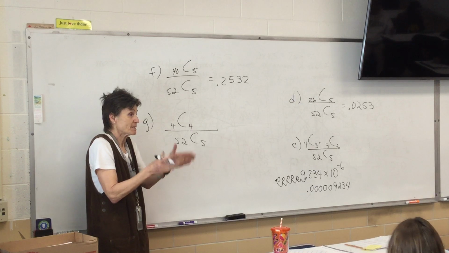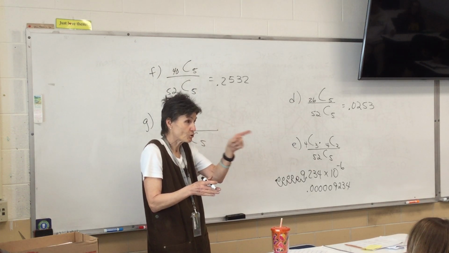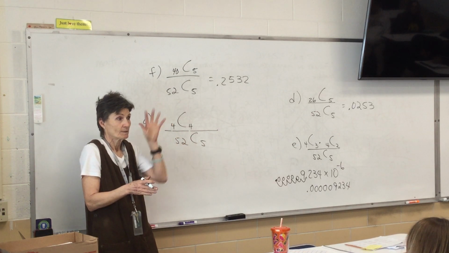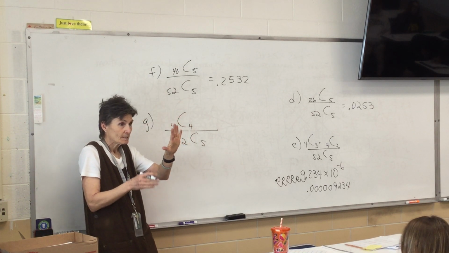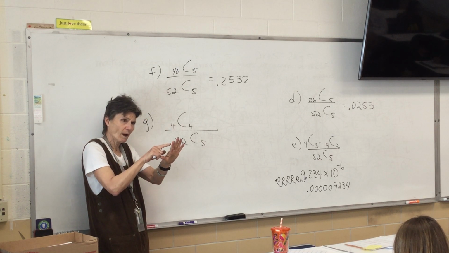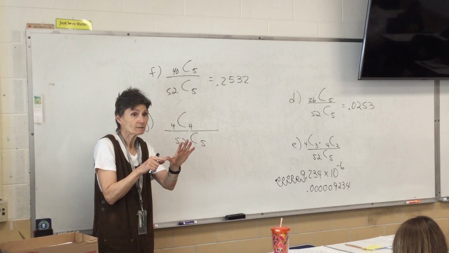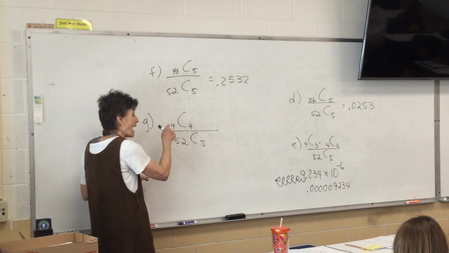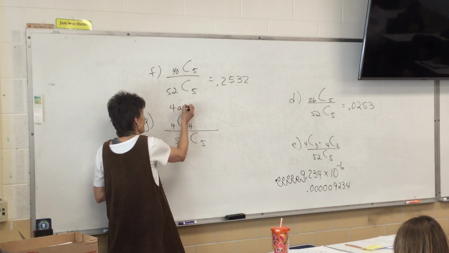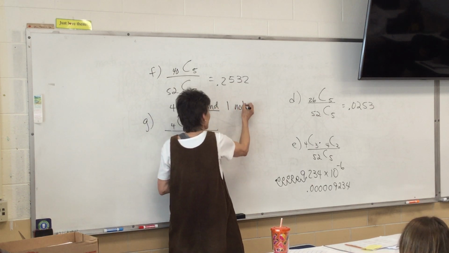Here's where this problem gets tricky. How many cards are you being dealt? 5. What does that mean? You have all the aces, but what else do you have? Some other random card? So what's happening is you're getting 4 aces and 1 not ace.